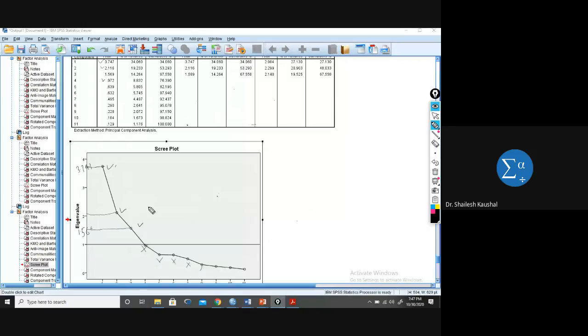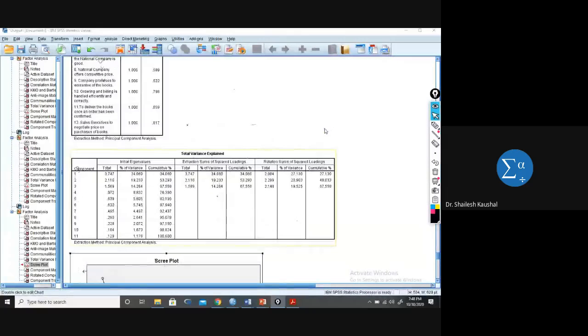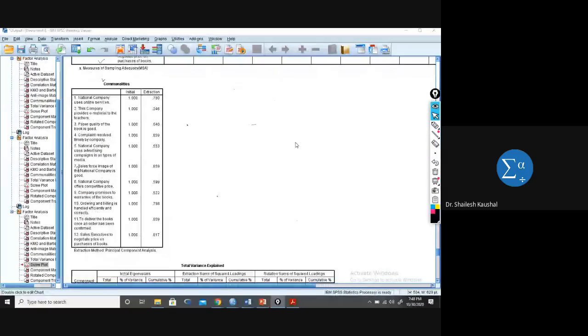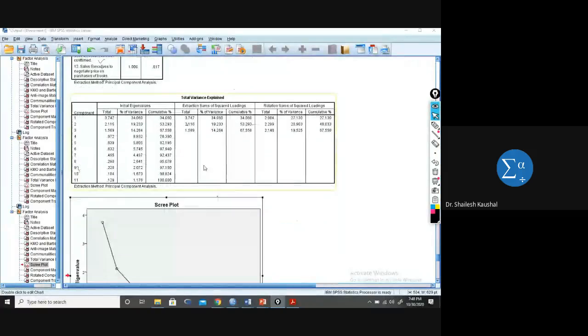Now what is the meaning of this table? I am explaining about the table. What is the purpose of this table here? So we understood this community also. Now I am explaining total variance explained. What was the basis of reducing the eigenvalue from 2 to 1?